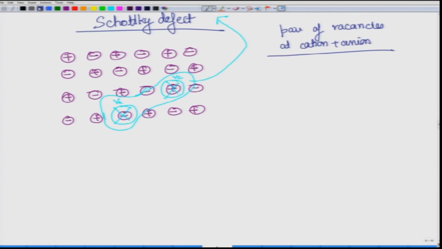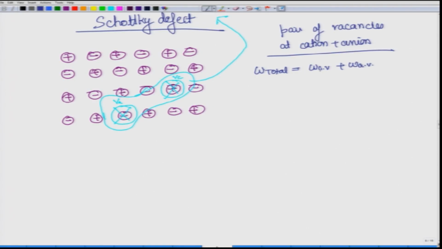So, now that we know what is a Schottky defect, we can very easily formulate the relation for the equilibrium concentration for this. Again, like in the Frenkel defect, we know that W total is equal to W cation vacancy plus W anion vacancy.